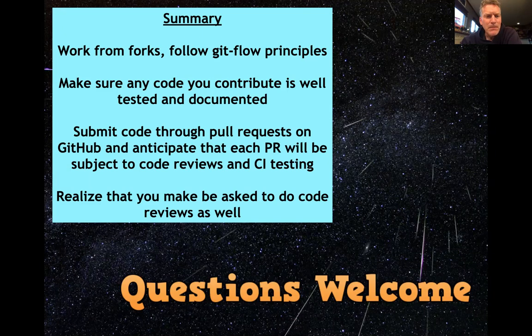Submit code through pull requests. Make sure the pull requests go to the JCSDA or JCSDA internal, in some cases, the develop branch. Make sure that the source and destination code for the pull request is appropriate.